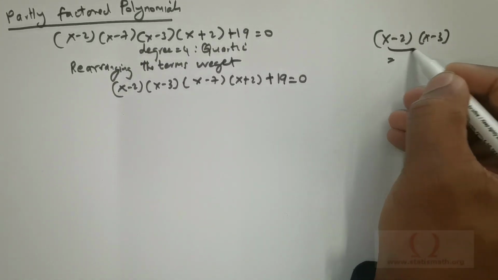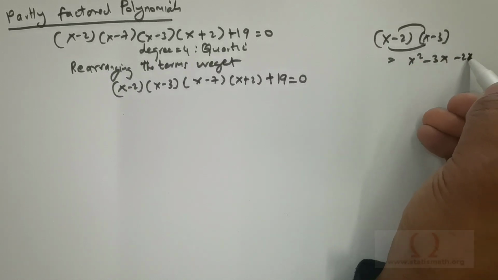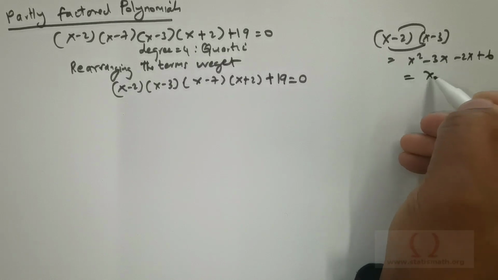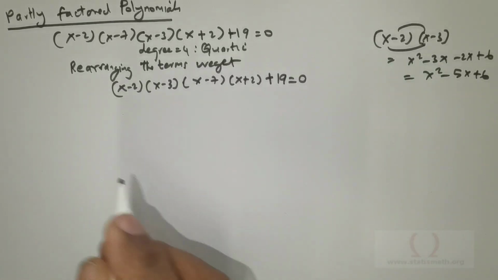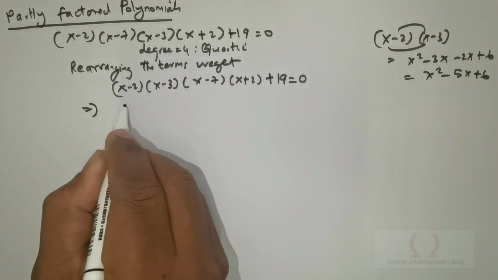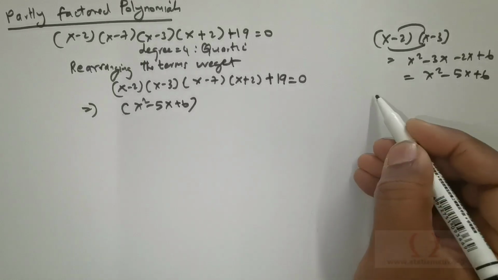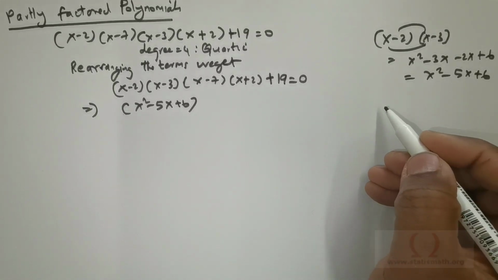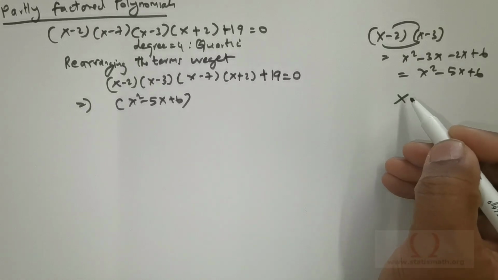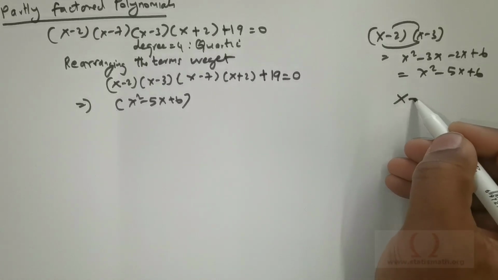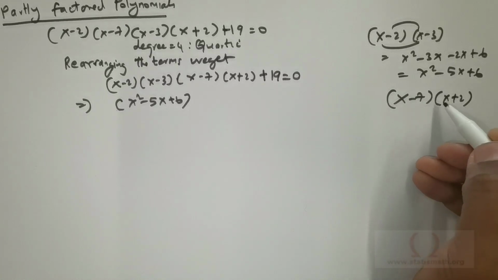So let me multiply (x - 2) with (x - 3). That gives me x squared - 3x - 2x + 6, so this is x squared - 5x + 6. Next, let me multiply (x - 7) with (x + 2).